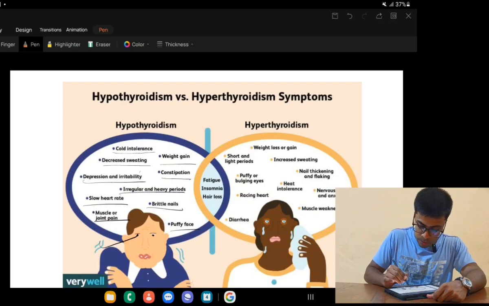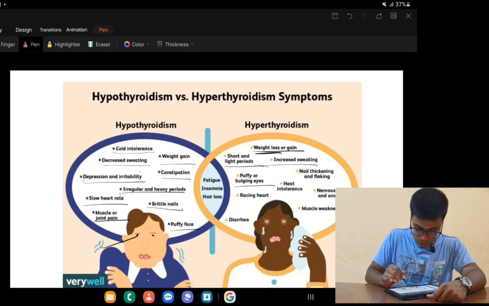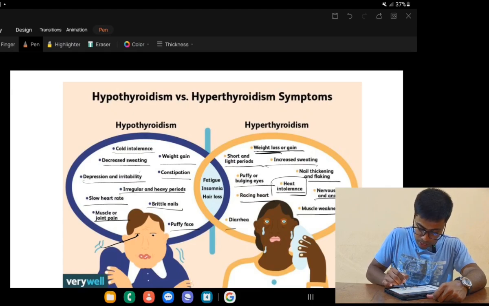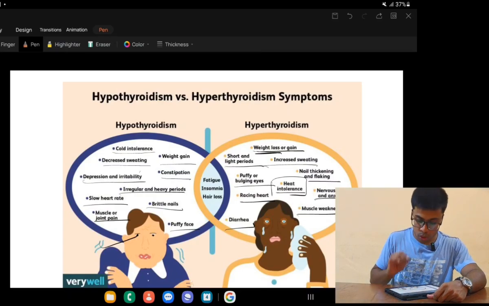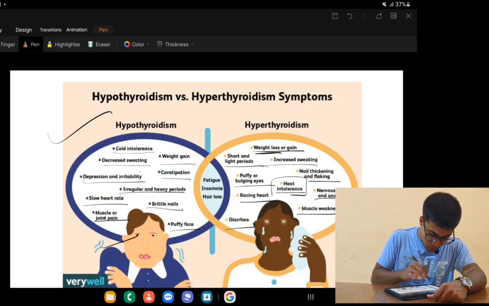In hyperthyroidism, metabolism spikes up, so weight loss will be there, sometimes weight gain also, but weight loss is the most prominent. Short and light periods, increased sweating, puffy or bulging eyes, heat intolerance, nail thickening and flaking, nervousness and anxiety, muscle weakness, racing heart, and diarrhea. You should know these basics.